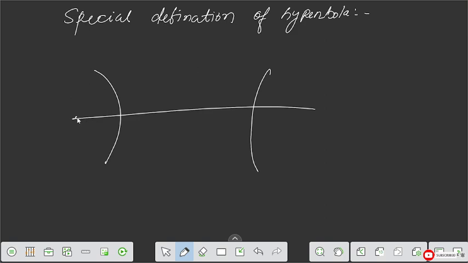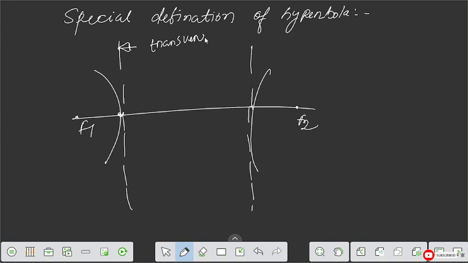See, for this curve the focus is F1, and for this curve the focus will be F2. The distance between them is called the transverse axis.